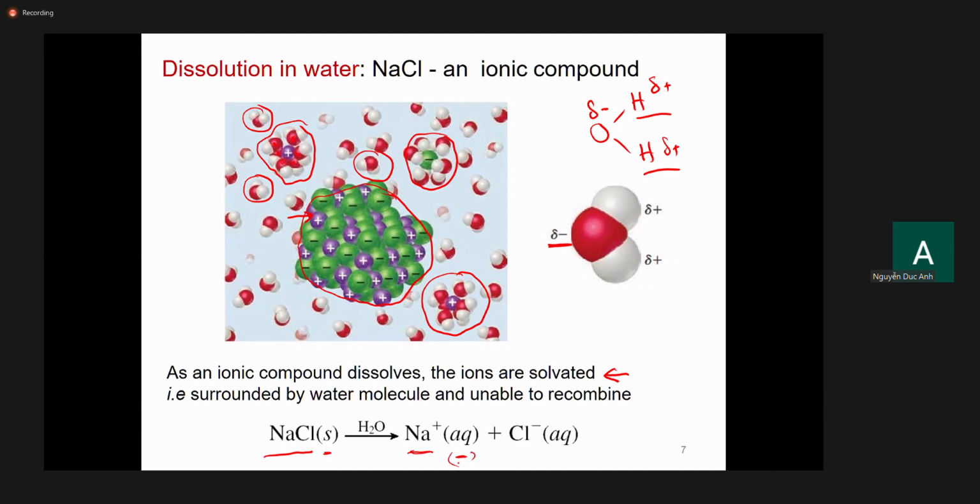This means that sodium plus now stays in the solution with water as solvent, and it is surrounded by water molecules, or it is solvated. And another part is chloride (aq). Similar things happen: chloride is solvated by solvent.